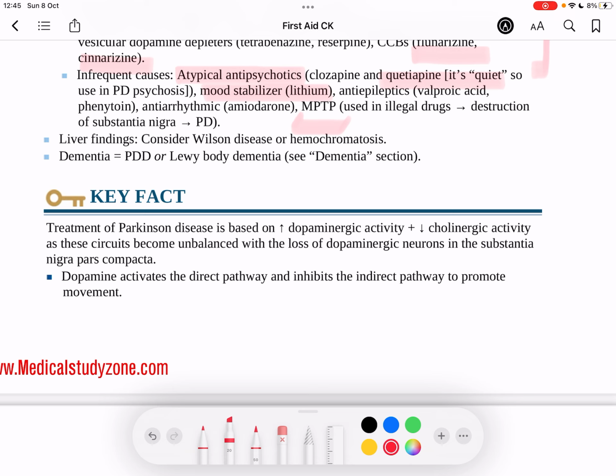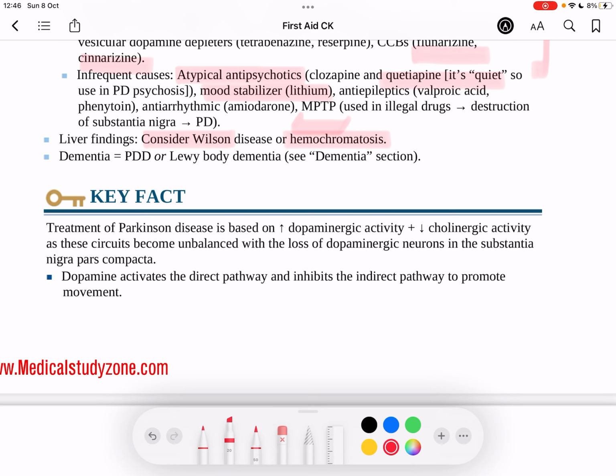It's not used much now, but it destroys the dopaminergic neurons in the substantia nigra and can cause iatrogenic, not really iatrogenic, but medication and drug-induced Parkinson's. Of course, patients with Wilson's disease and hemochromatosis can have Parkinson's-like movement problems, especially Wilson's disease, but of course that's a separate diagnosis.